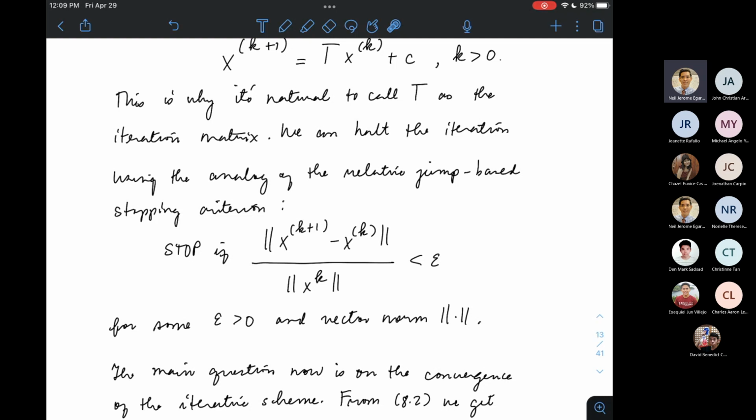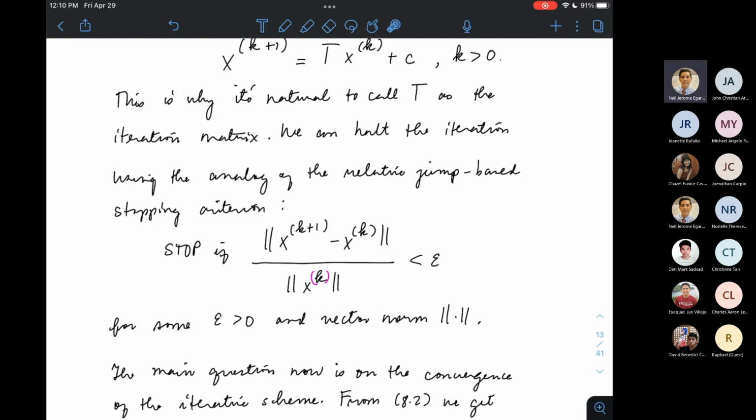So in particular, of your choice of norm, pwede nating i-measure yung size ng x superscript k plus 1 minus x superscript k all over the norm of x superscript k. So gumagamit ako ng relative difference palagi para alam ko na ang epsilon dapat ay percentage error. Okay? So para nakadepende siya dun sa size nung x superscript k.